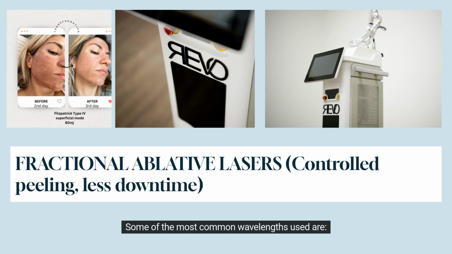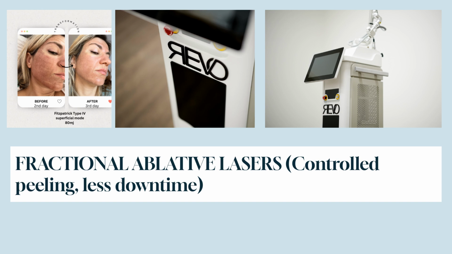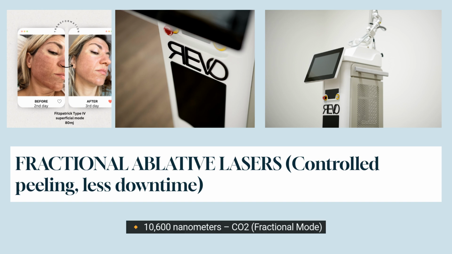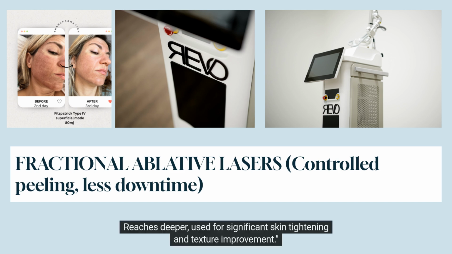Some of the most common wavelengths used are 2940 nanometer Er:YAG, highly absorbed by water, creating precise microcolumns of ablation, excellent for fine lines and moderate wrinkles. 10,600 nanometer CO2 fractional mode is more aggressive than erbium YAG and reaches deeper, used for significant skin tightening and texture improvement.